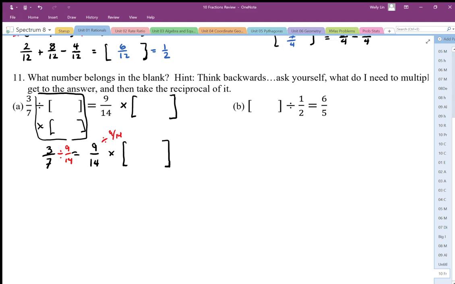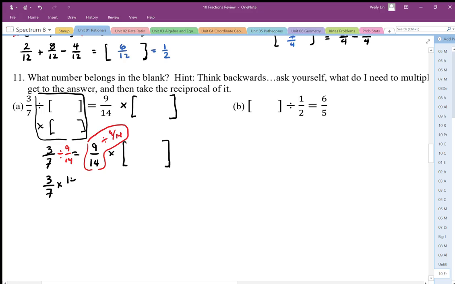So this again simplifies to just 1. So we end up with 1. 9 over 14 divided by 9 over 14 is going to be 1. And on the left-hand side, I'm going to re-express this as times because, again, it's much easier to do this as a times problem.